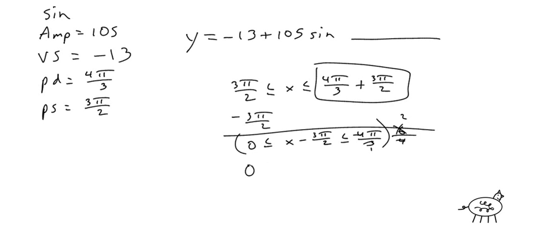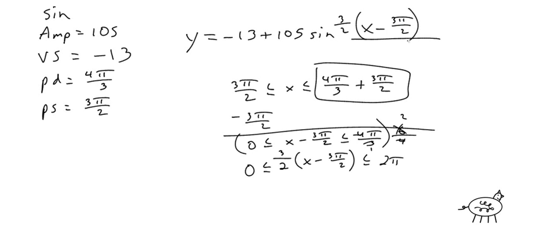So you get 0 less than or equal to 6 fourths, which is really 3 halves, times x minus 3 pi over 2 less than or equal to 2 pi. So there we go. 3 halves x minus 3 pi over 2, and there's your answer. Okay? It's not too bad, right?